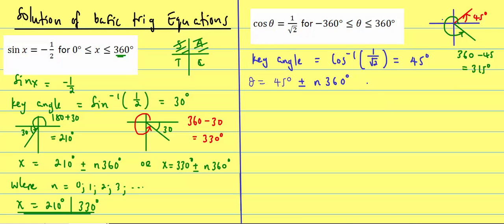The other solution is going to be this one here. We will find that theta is going to be 315 degrees plus or minus n times 360.